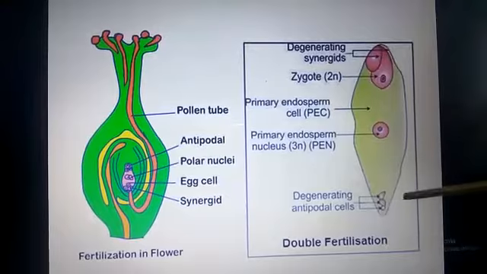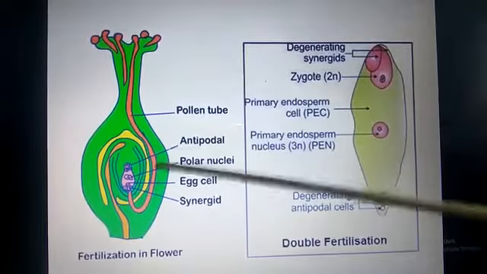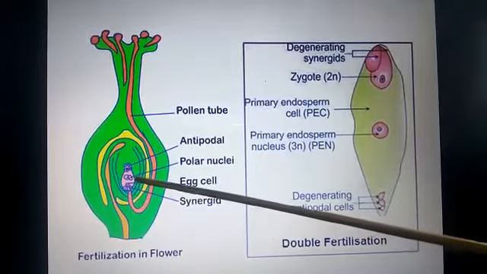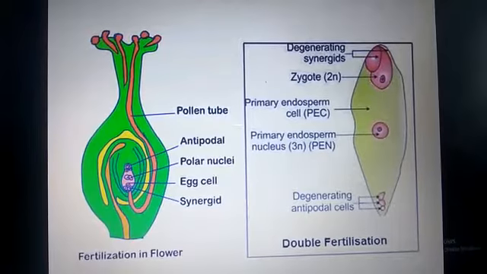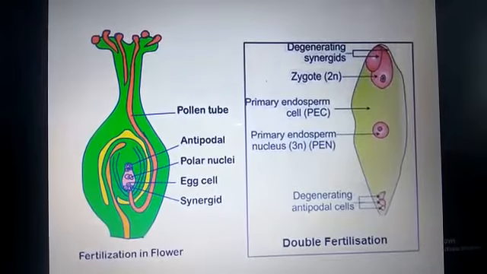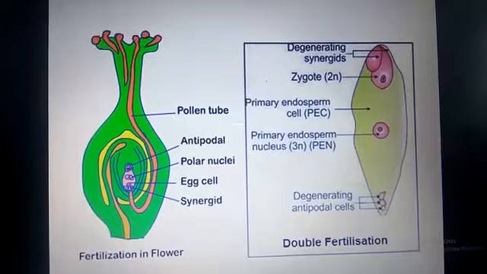Since in this process 2 fertilizations take place in a single embryo sac, that is generative fertilization and vegetative fertilization, this is known as double fertilization, and this is one of the unique characteristics of angiosperm plants.